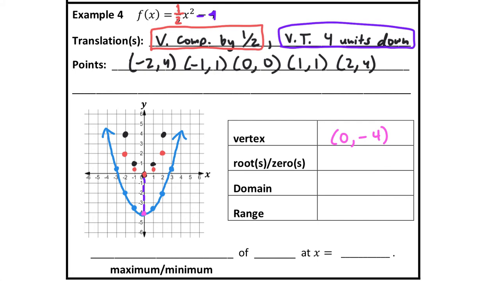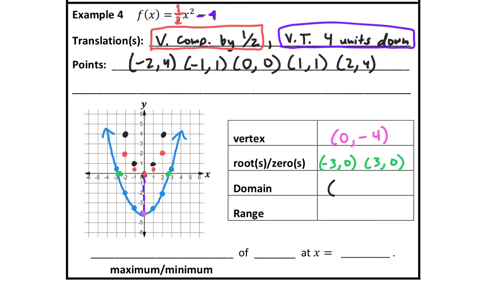My x-intercepts are these green points here. So I'm going to round where they're at. I'm going to say that it looks like it's at -3, 0, and 3, 0.